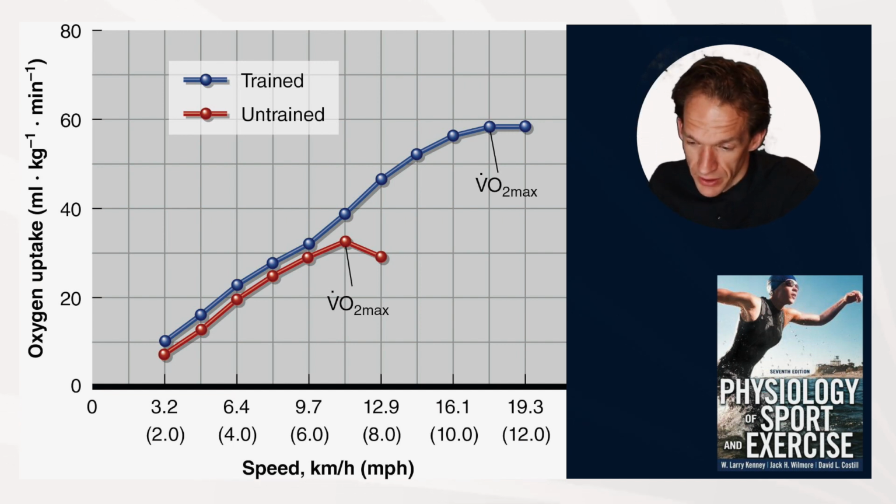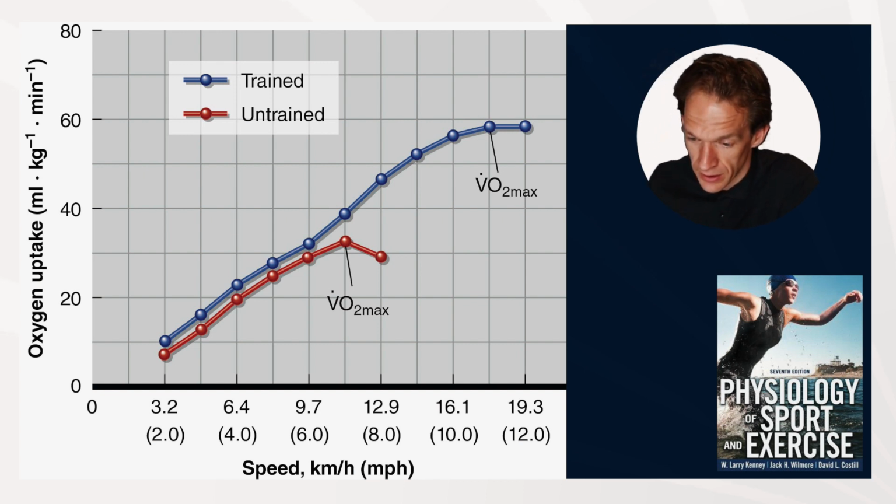The blue line is the line that represents the values of a person before training, while the red line shows the same person's values post-training. And imagine that this is a 3-month training program to hopefully improve VO2 max. And that's what the graph also shows.